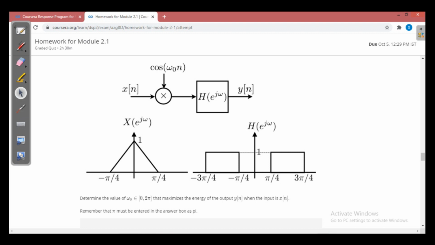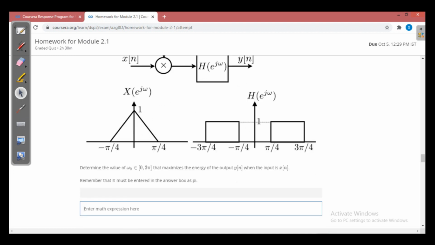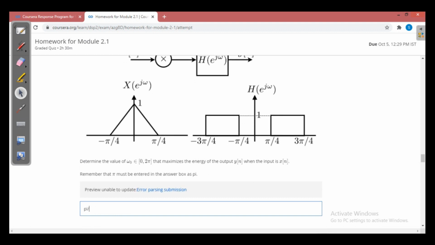For that, see here the input spectrum exists from -π/4 to +π/4, and the magnitude response of h of e power j omega is from π/4 to 3π/4, and -3π/4 to -π/4. So that means your spectrum must be shifted toward the right side and the left side by an amount π/2. So omega naught value should be π/2. So I will write this as pi divided by 2.